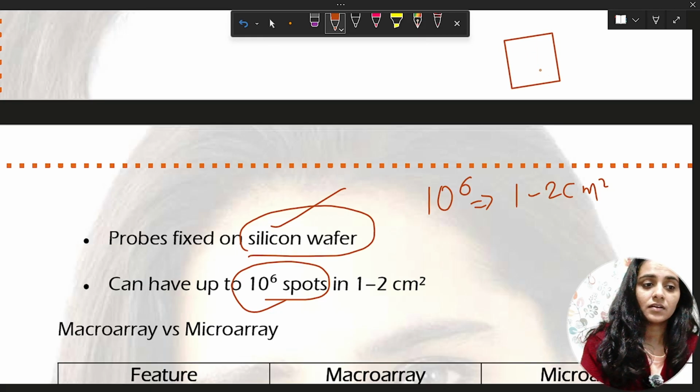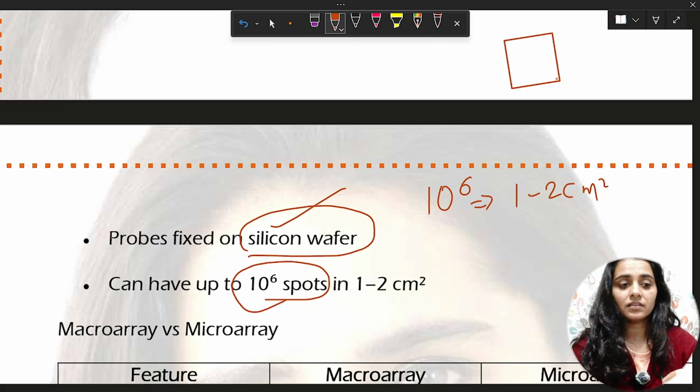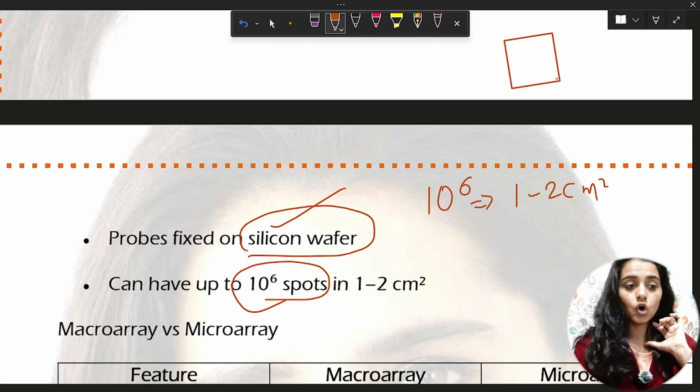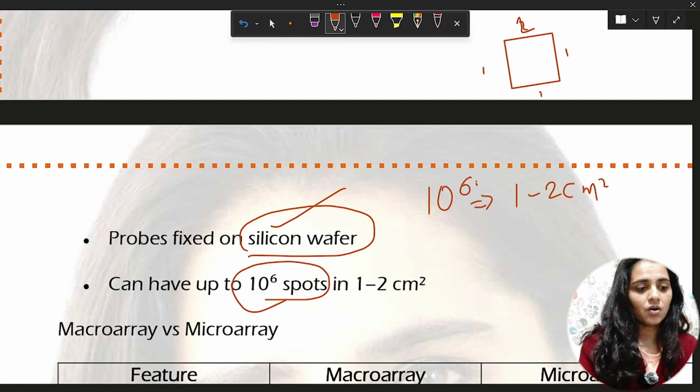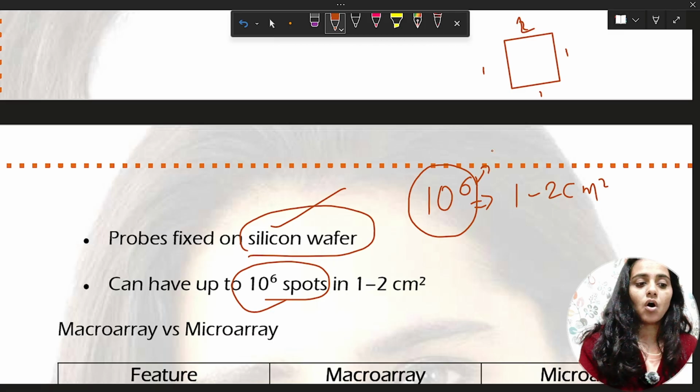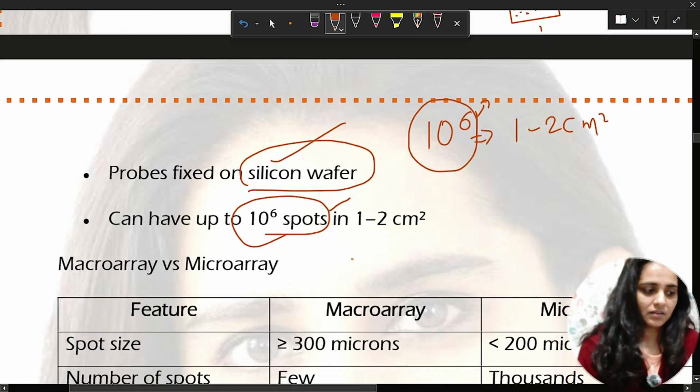It doesn't mean that this is the actual size, I am just representing it on a screen, that's why it is small. This is 1 centimeter, even more than 1 centimeter. So this much area has this many spots, very small spots. We cannot even see them with our naked eyes. This is used in higher density.